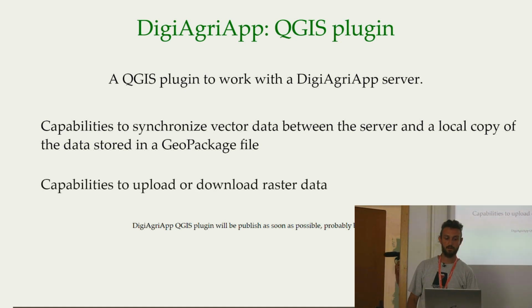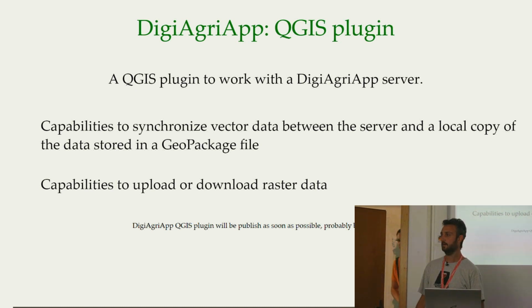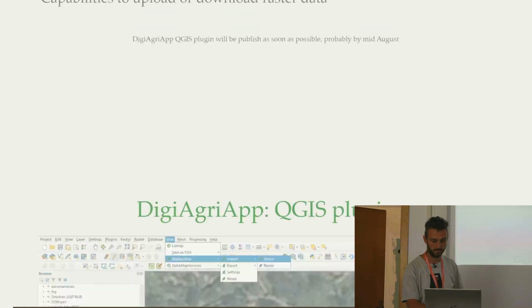And I told you, the server is able to store remote sensing data, not only from other providers but also maps that you make, so you can easily upload the data from the client.